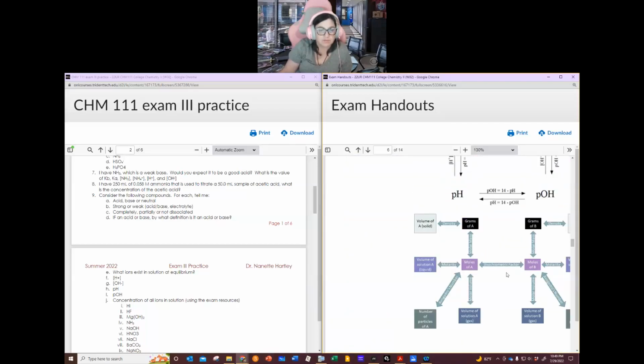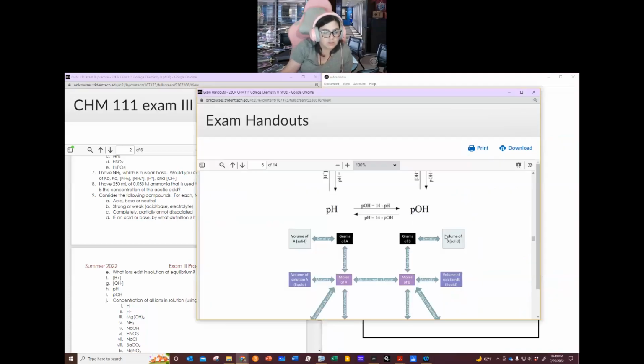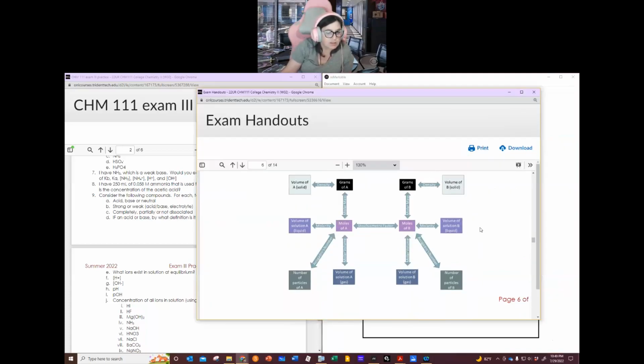So this happy little diagram right here says volume of solution A using the molarity can get me to the moles. Using my stoichiometric factor, I can get to moles of the other thing, and then I can use the volume of that to get back to the molarity.